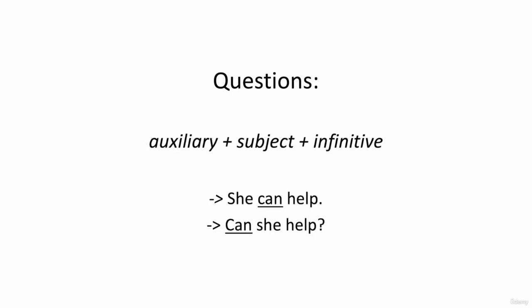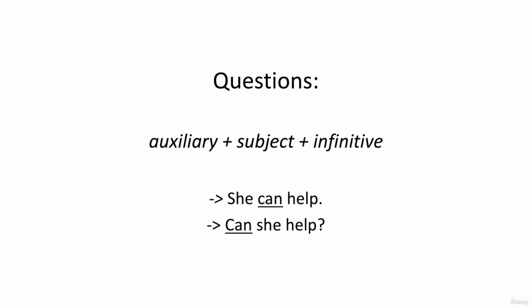For questions that already have an auxiliary verb, we switch the order of the verb and the subject to follow the structure auxiliary verb plus subject plus infinitive. For example, she can help is an affirmative sentence.